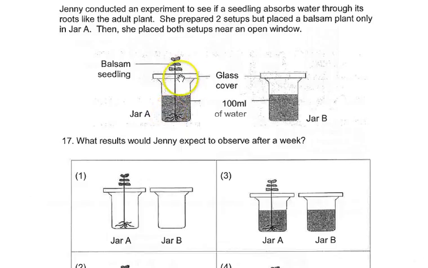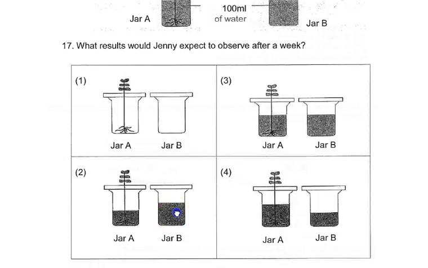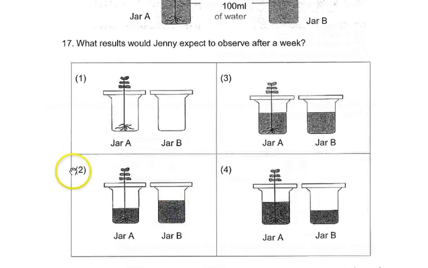So in the end, your answer is this one, the water level should go down to show that the plant has absorbed the water. There's nothing to absorb here, it should remain at 100 ml. Answer is 2. This must be lower in water level, and this remains the same. So this answer is 2 over here.